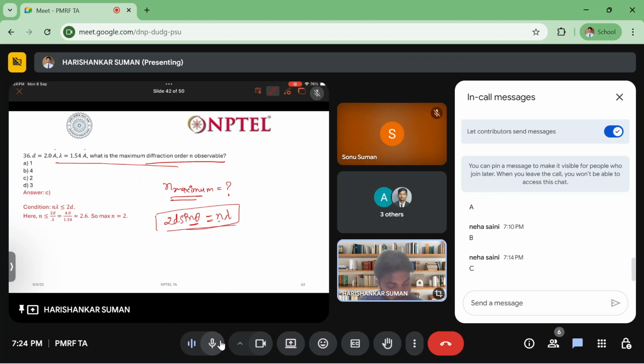So maximum sin theta will give you only 1. So 2d is greater than or equal to n lambda, we can apply equal. So 2d by lambda, you can put the value here and you will get 2. The maximum value of sin theta will be 1. Clear?